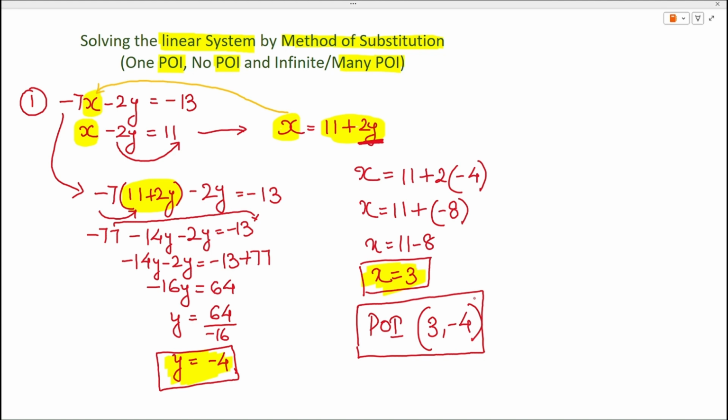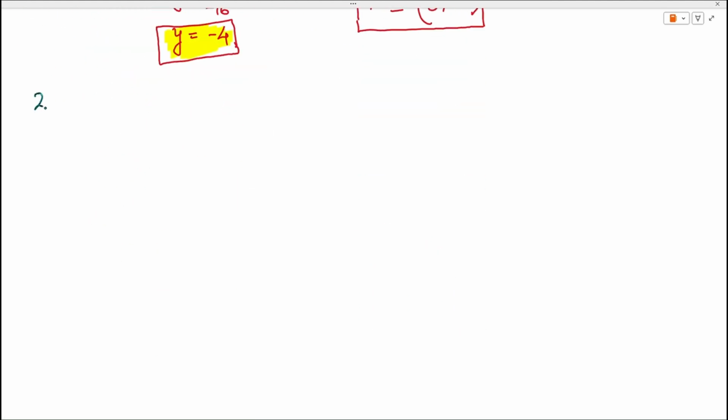Now let us take another example. So our second linear system is negative 3x plus 3y is equal to 4. And the second equation in this linear system we are taking is negative x plus y is equal to 3.